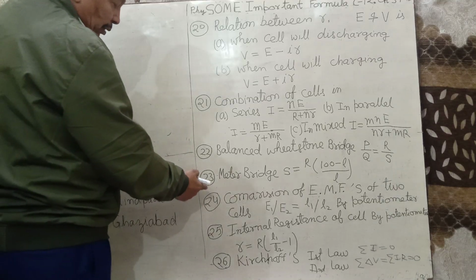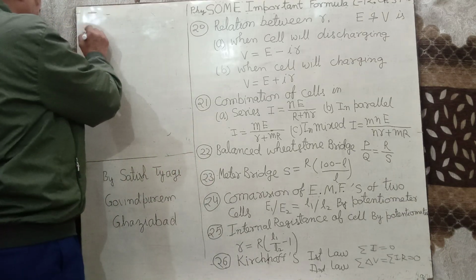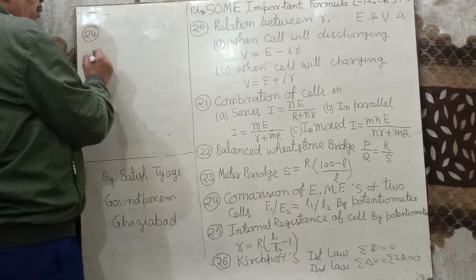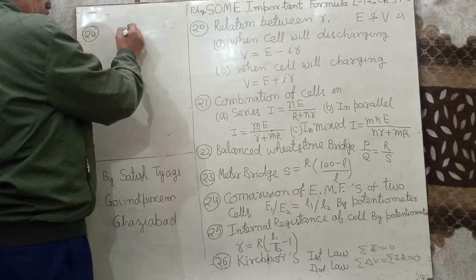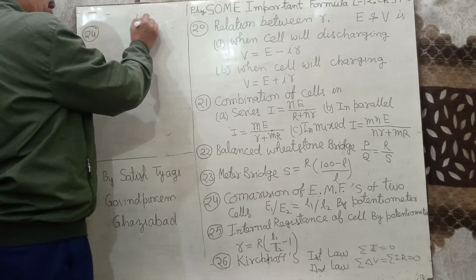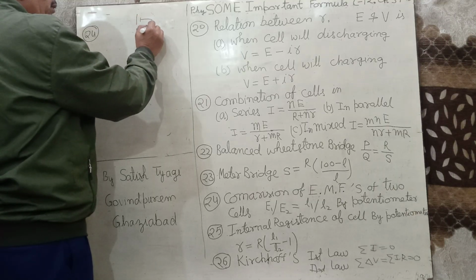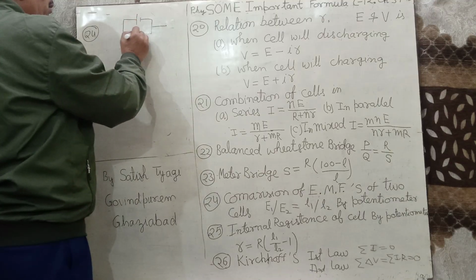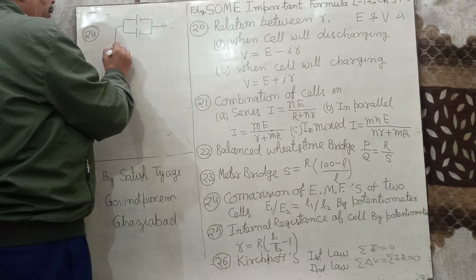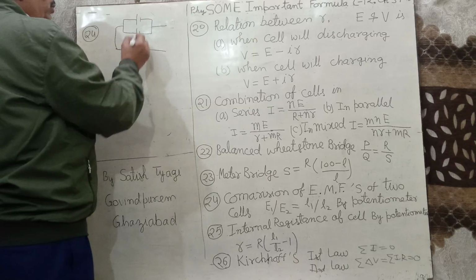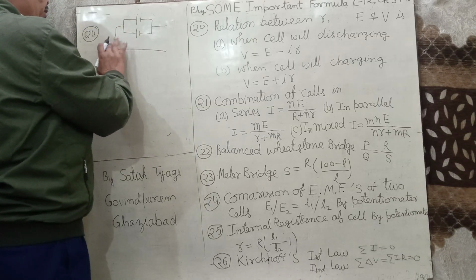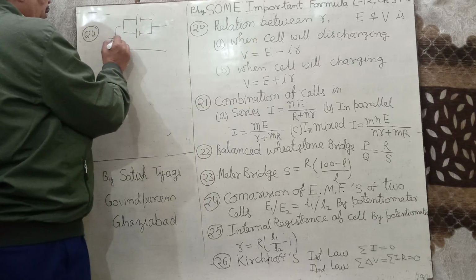There are two cells. Suppose this is the one cell, this is the second cell. These are connected in the circuit, and this is the potentiometer, and this is the battery.